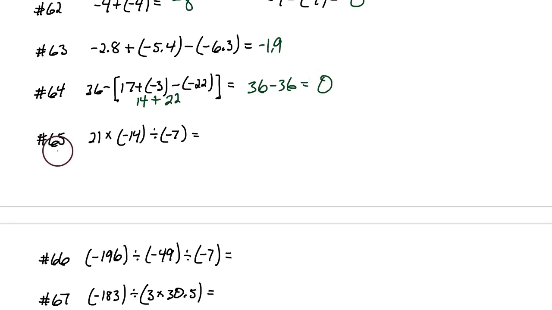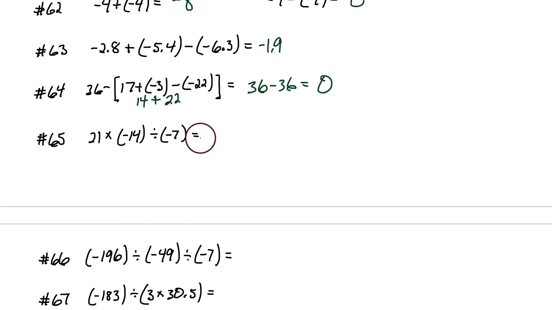Number 65. 21 times negative 14 divided by negative 7. According to the order of operations, multiply and divide have the same level of priority. You do them from left to right. However, if you multiply the 21 times the negative 14 first, you're going to get a very large number that you might not be able to do mentally.